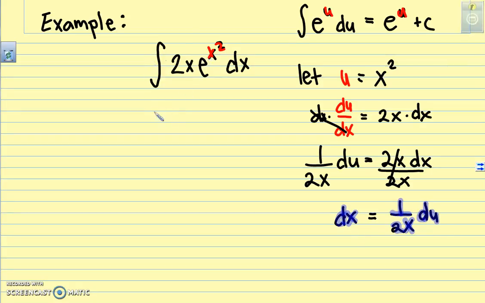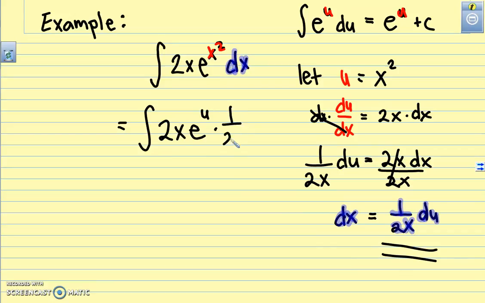So, integrating 2x e to the x squared with my u substitution, now I have 2x e to the u, and then for dx, I am now going to use 1 over 2x du.